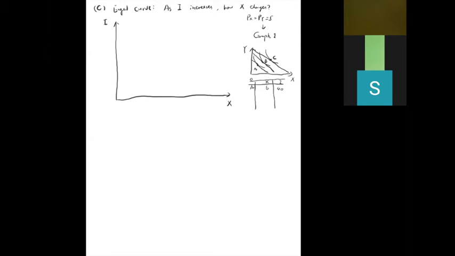And then at point B, the total income is 80 and the consumption of X is 12. Next, at point C, the total income is 160.